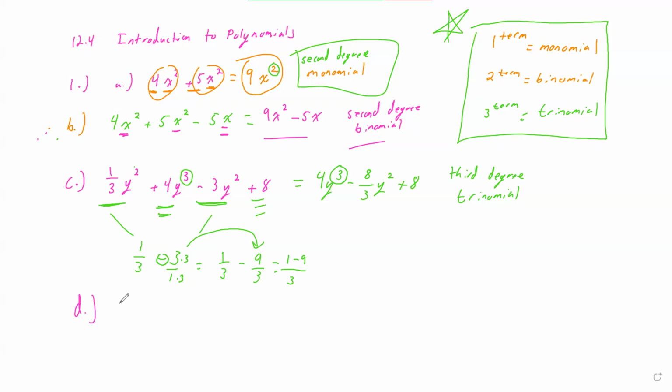I'll try this one: 3x cubed plus 4x squared minus 8 minus 3x cubed.